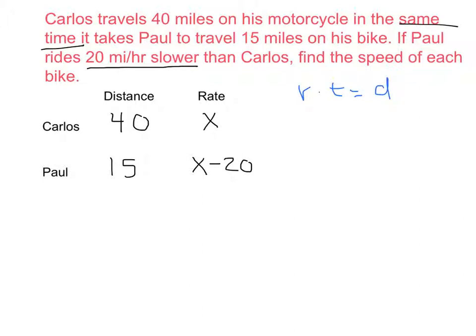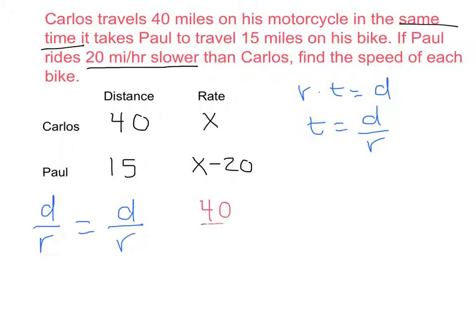I'm going to solve for t by dividing by r. We know that the times are going to be equal, so it's fair to say that the distance over rate for Carlos is going to be the exact same as the distance divided by the rate of Paul. So we're going to fill in our information.